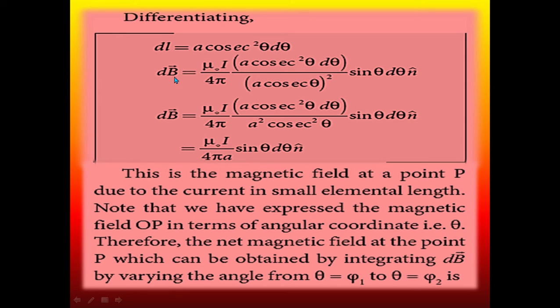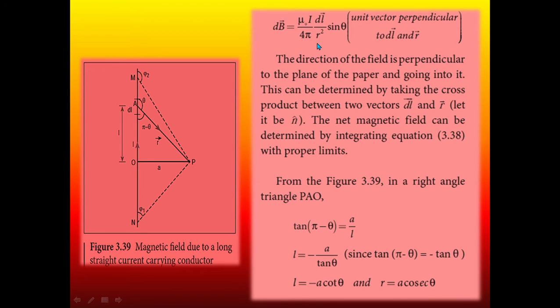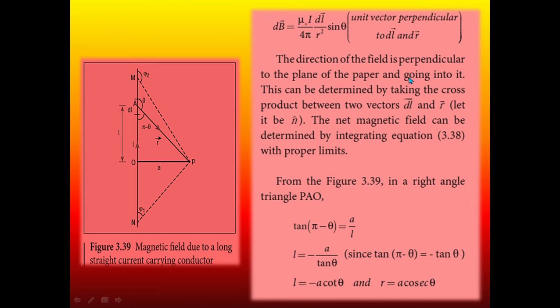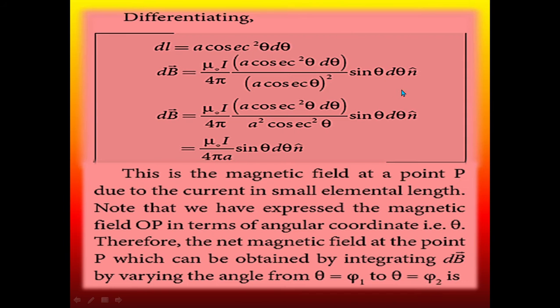So the equation can be written as dB vector is equal to mu naught I divided by 4 pi into a cosecant square theta d theta divided by, here r square is nothing but a cosecant theta the whole square, into sin theta into d theta n cap.